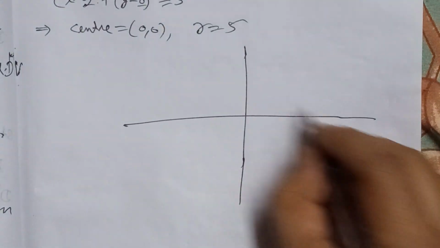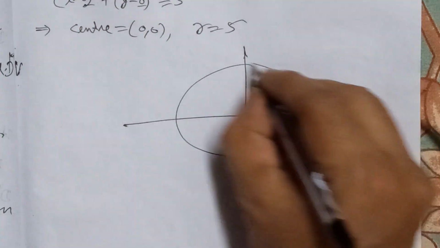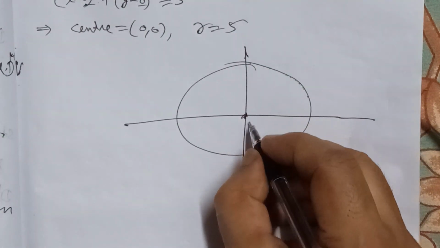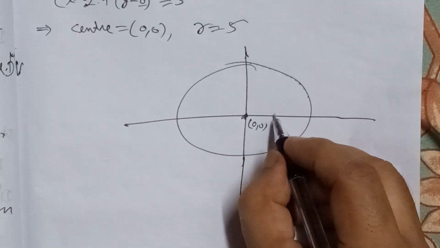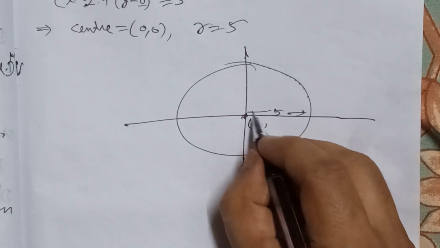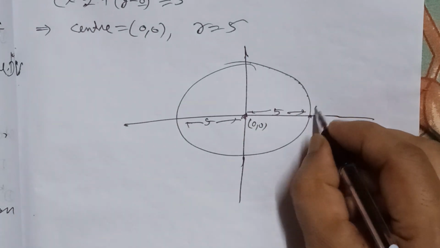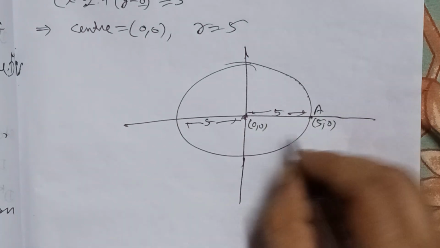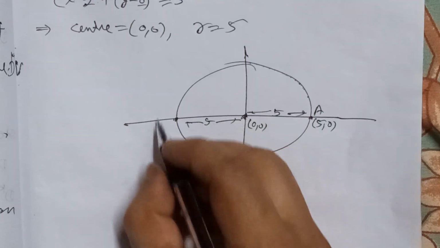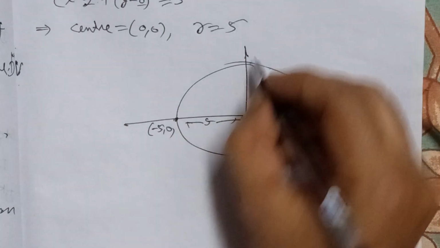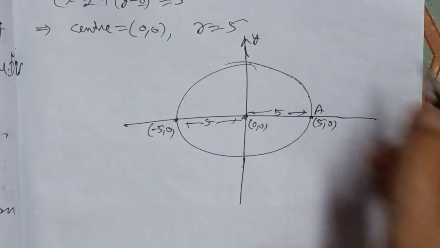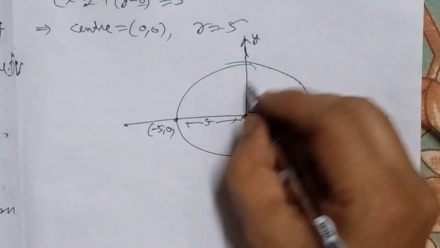When we plot it in the xy plane, this is the center of the circle (0, 0) and the radius is 5, so this value is also 5 and the coordinate of this point is (5, 0) and the coordinate of this point is (minus 5, 0). This is the y axis, this is the x axis.